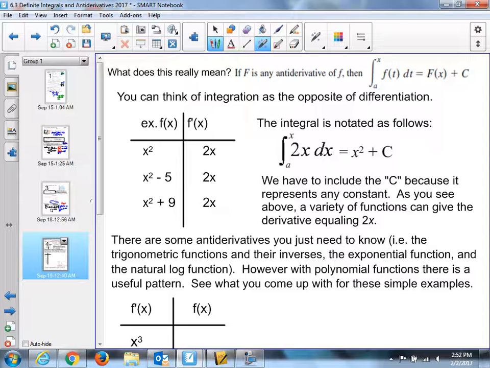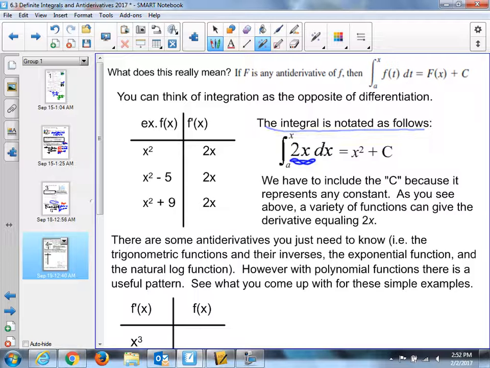Now, there's a reason why we say any antiderivative, there's more than one antiderivative. Why? Well, look at these when we do differentiating. x squared gives me 2x when I do the derivative. But so does x squared minus 5. So does x squared plus 9. So if I say, what's the antiderivative of 2x?